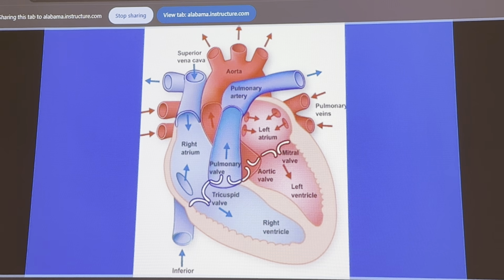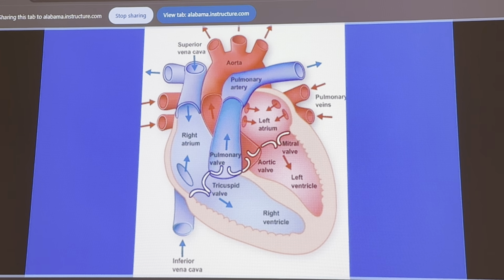Let's look at what it does to our heart, okay? With aortic stenosis, now we're talking about the aorta. We're not worried about the mitral valve anymore. Remember, aortic stenosis, that valve is not opening as efficiently as it should.